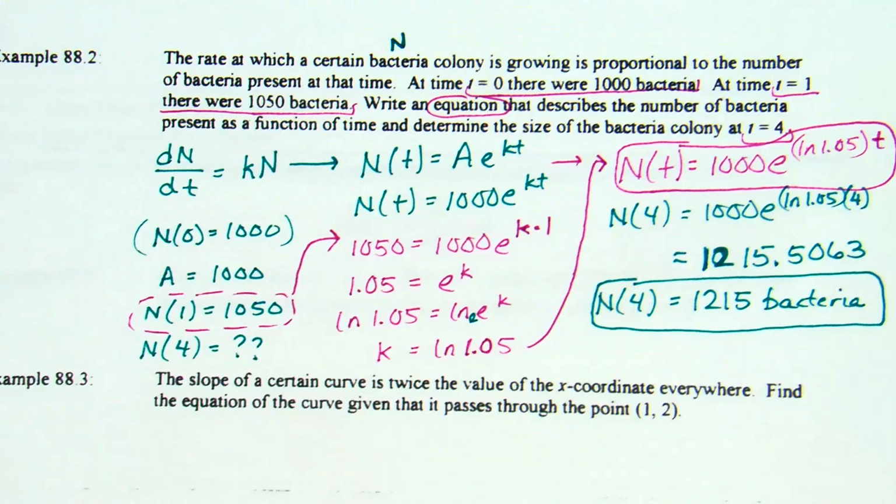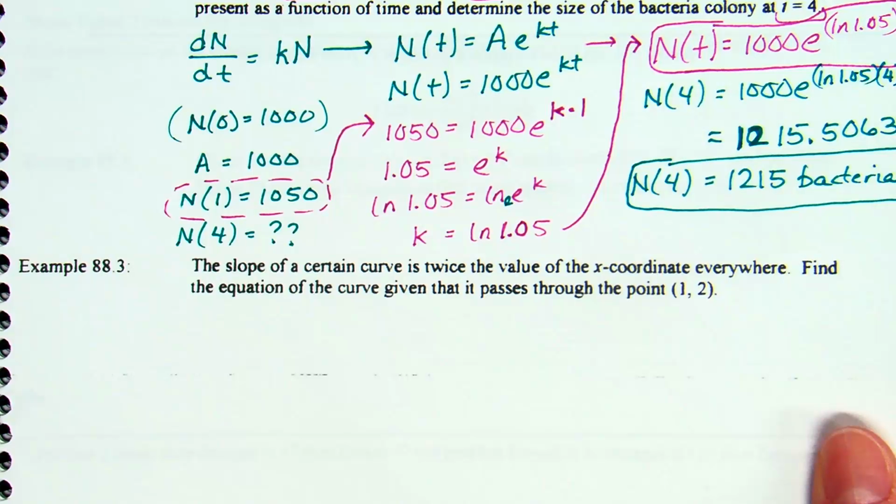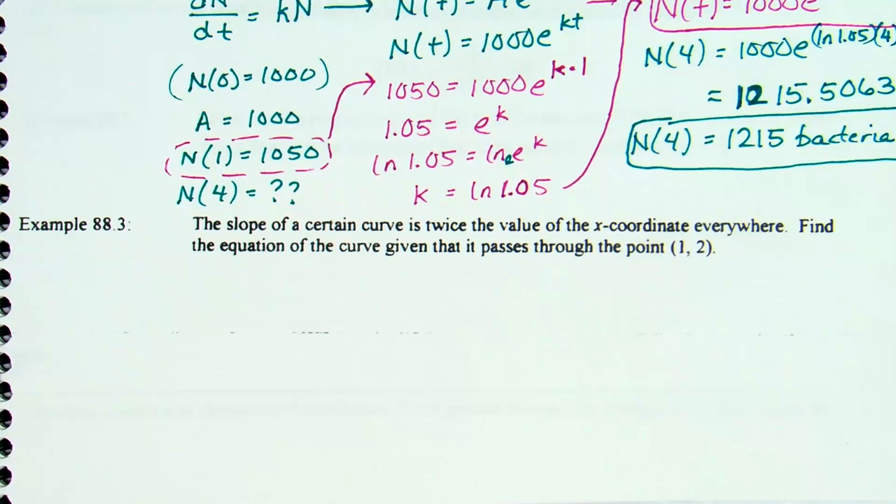Example 3. The slope of a certain curve is twice the value of the x-coordinate everywhere. Find the equation of the curve given that it passes through the point (1, 2). Nice and broad. Nice and vague. Thoughts on where to begin?